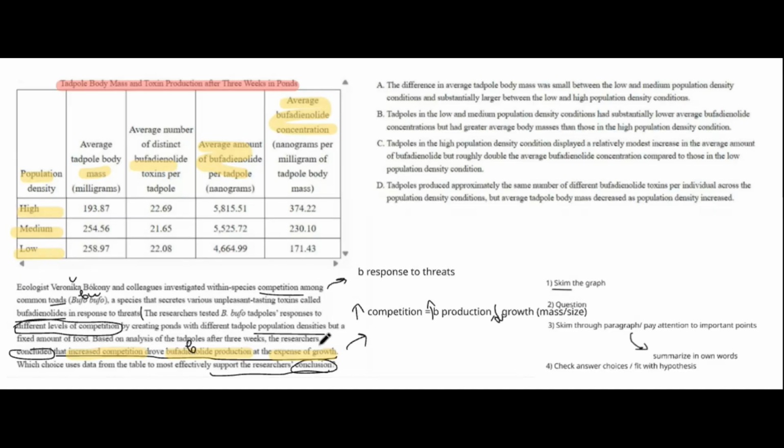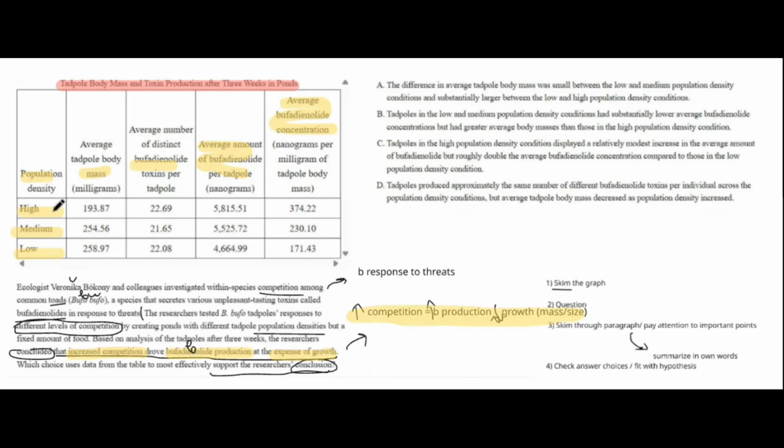Basically, what we can turn this bullet point into is that some researchers put tadpoles in different population densities, like high, medium, and low, but they all had the same amount of food. And basically what we'll need to prove here is that as competition rises, B production rises while growth lowers.